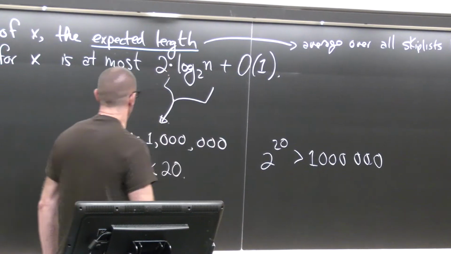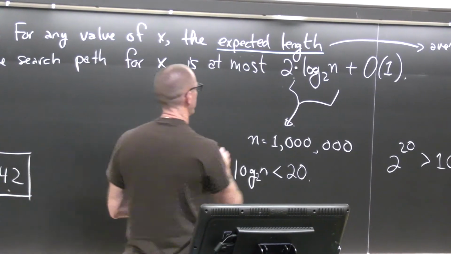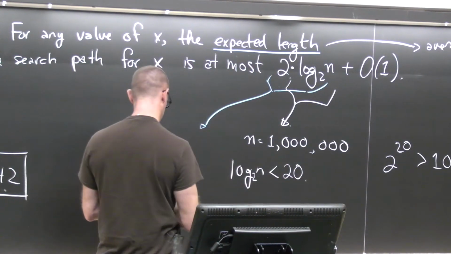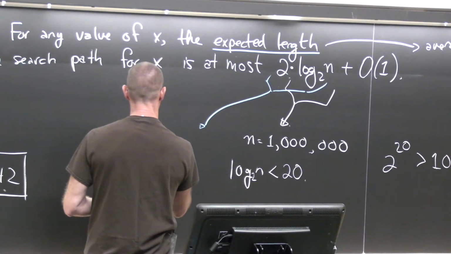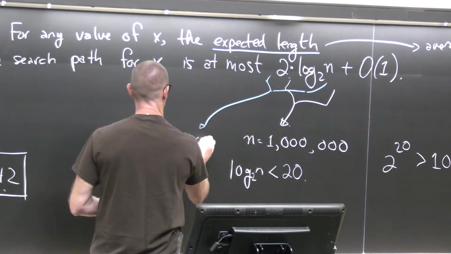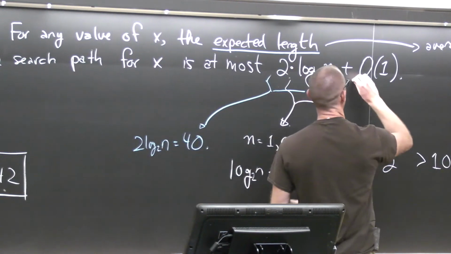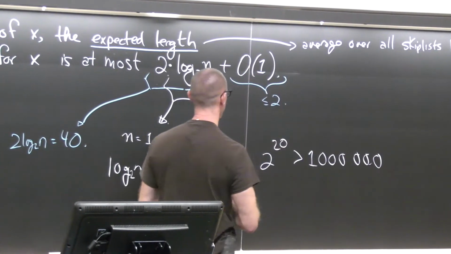Okay. So then 2 log base 2 of n, in this particular case, is 40. And this constant here, when we analyze it, we'll see that it's actually less than or equal to 2.